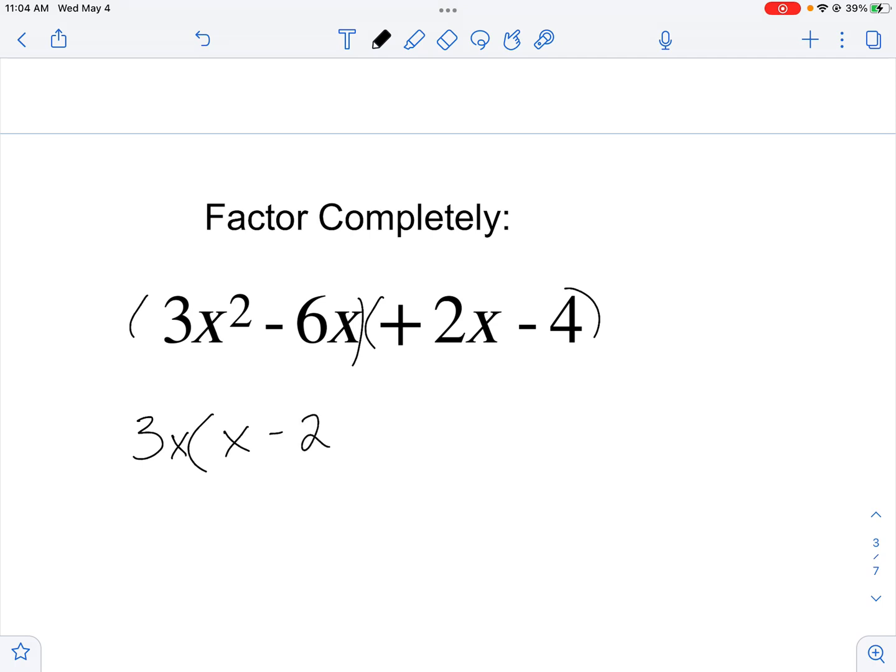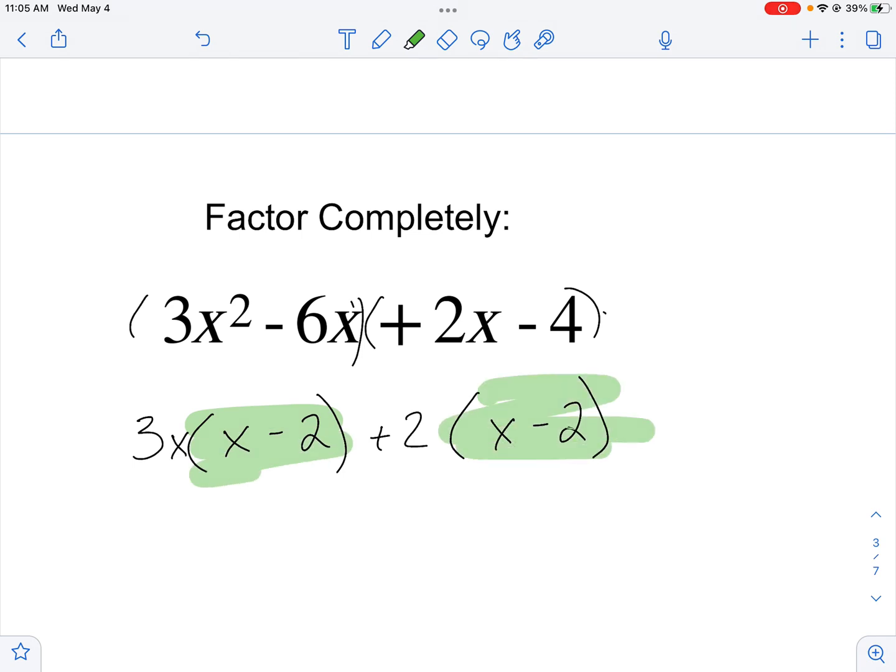Negative 6 divided by 3 is negative 2, and if I take out the x, there's nothing left. Looking here, I can divide both of these by 2, but I can't take out an x. The most x's they both have is none. So that leaves me with 2 divided by 2, which is 1, x, and negative 4 divided by 2, which is negative 2. And if you did this right, these would be the same.